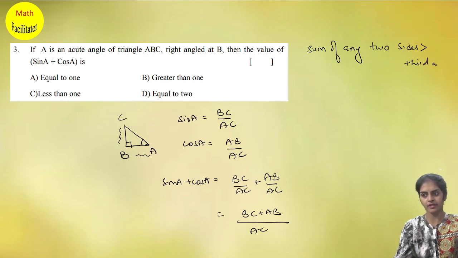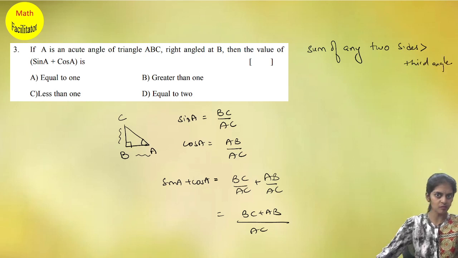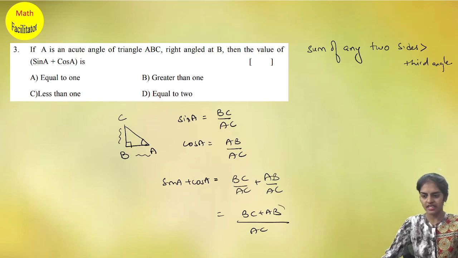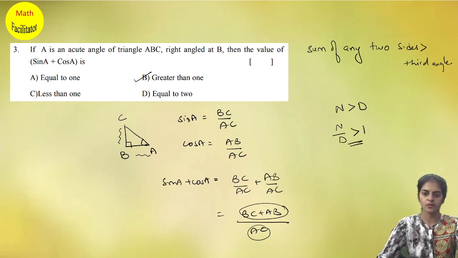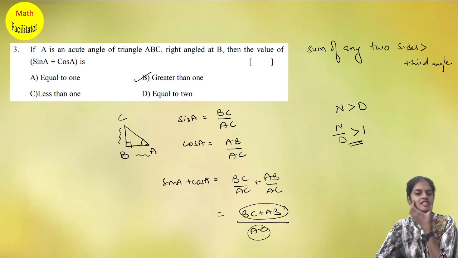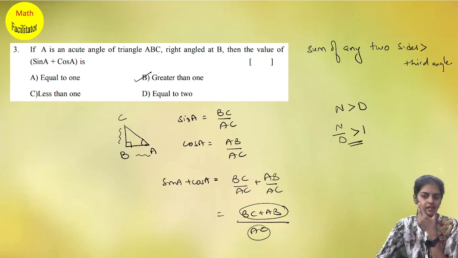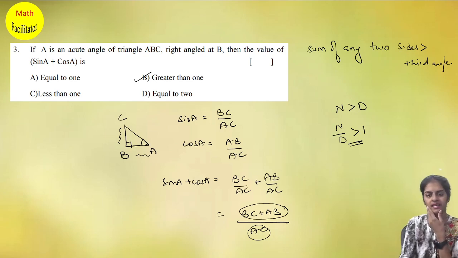Did we learn this property of triangle in your lower classes? Yes. So the sum of these two sides should be greater than the third side, which means numerator is greater than denominator. Whenever numerator is greater than denominator, this fraction will be greater than 1. So the option is greater than 1. Okay, this is one method which I am giving you to solve. The other method is you can simply convert.